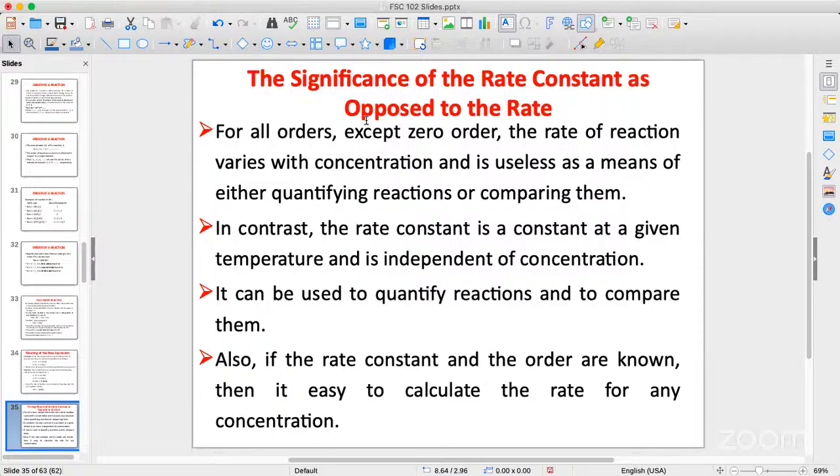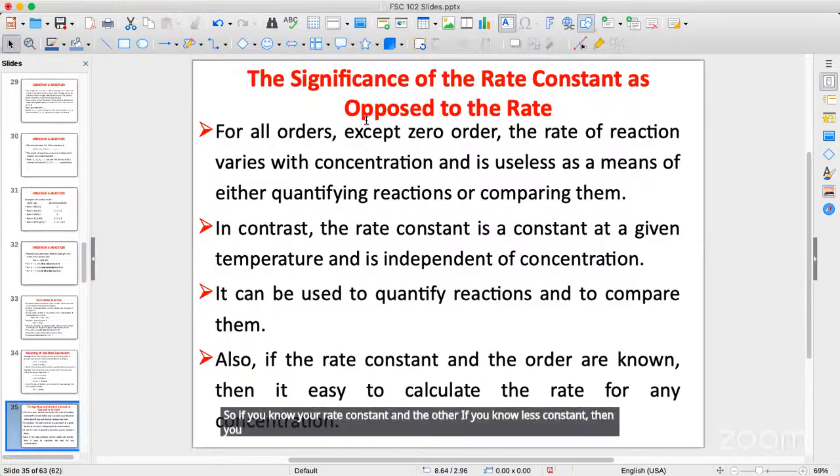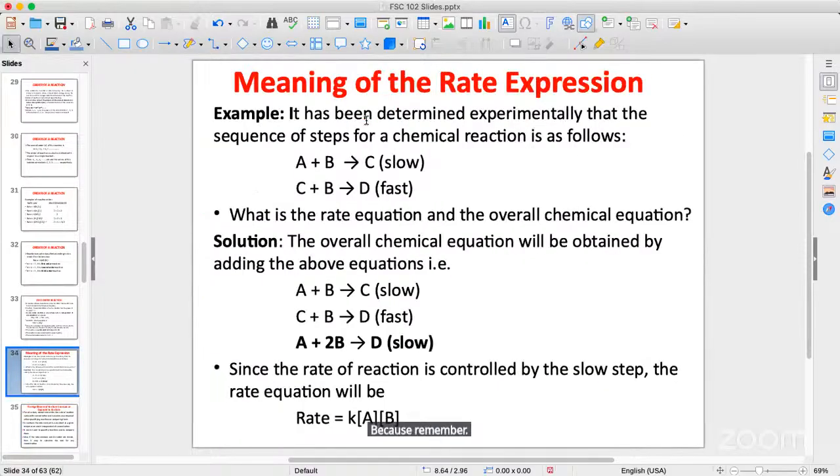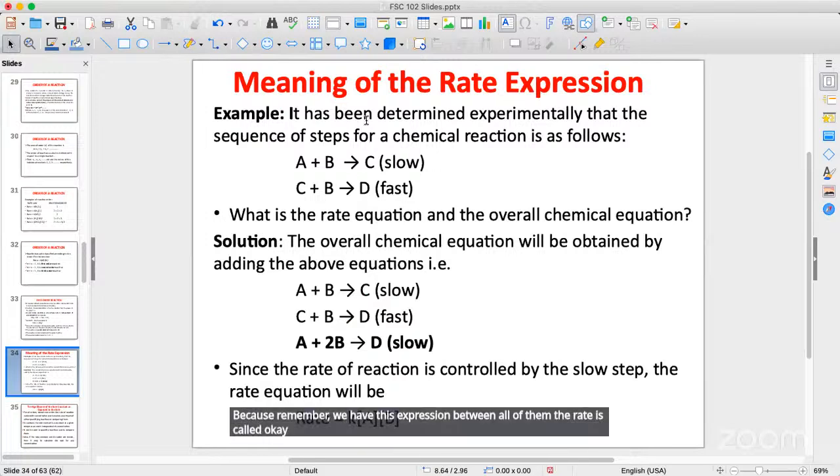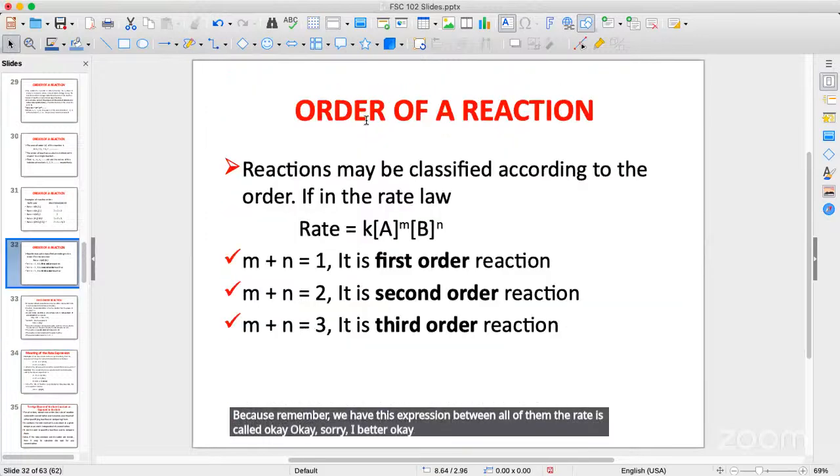If you know your rate constant and you know the order, you can calculate the rate of reaction for any concentration. Because remember, we have this expression between all of them: the rate is equal to k[A]^n.